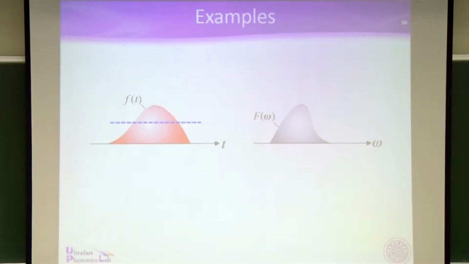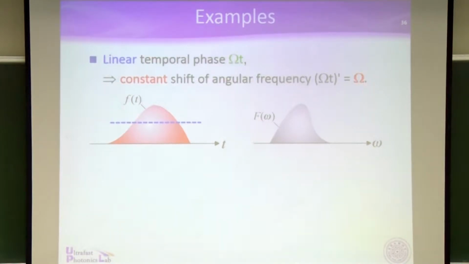For example, if we assume a time domain function f of t like this, the red one is the intensity profile. The blue dashed curve is the phase profile. Here we assume the temporal phase is initially a constant phase, and the gray one is the corresponding spectrum in the frequency domain. Then what happens if we apply a linear temporal phase modulation?